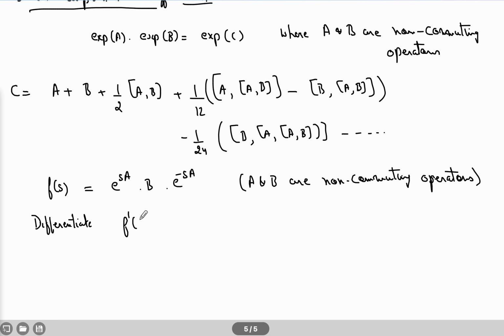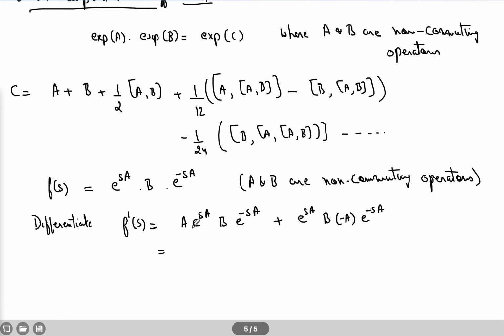This will be f prime of s, and taking the differentiation, this will be A e to the power sA B e to the power minus sA, plus, all I have done is I have taken A out one time, and next time I take minus A out. So this will be e to the power sA, B minus A, e to the power minus sA, right?